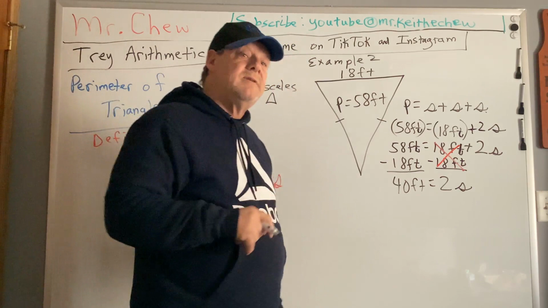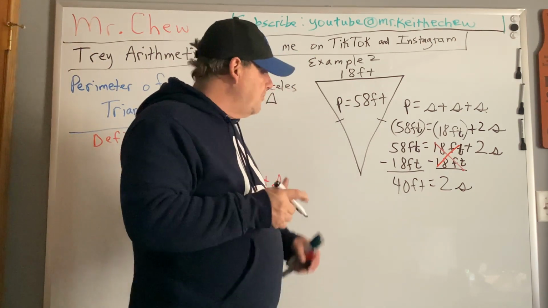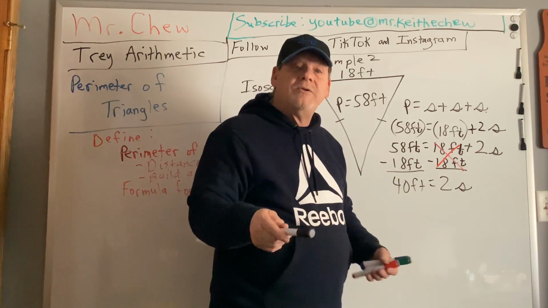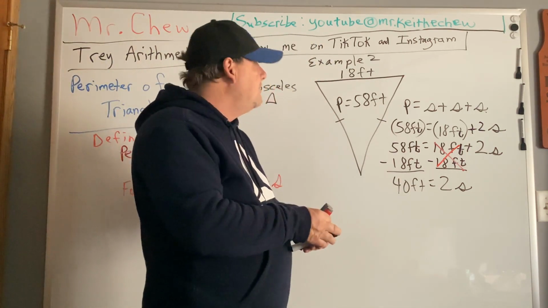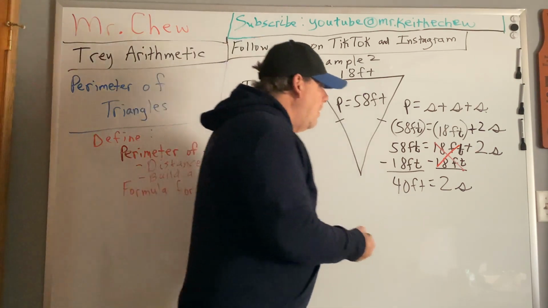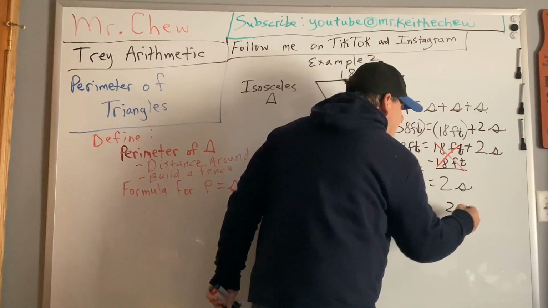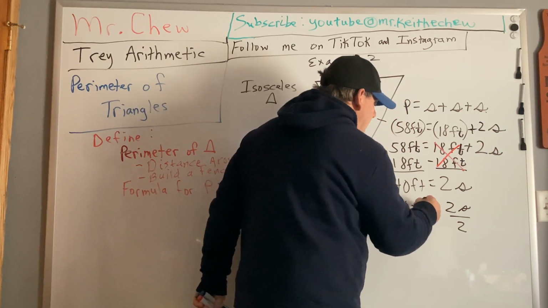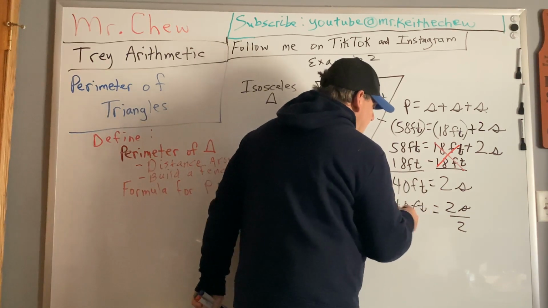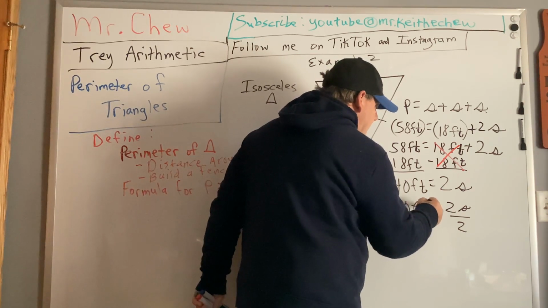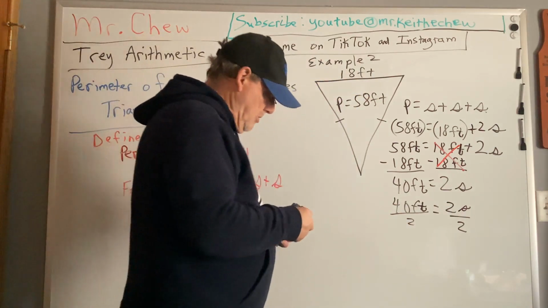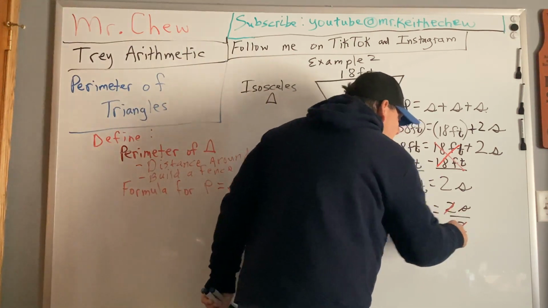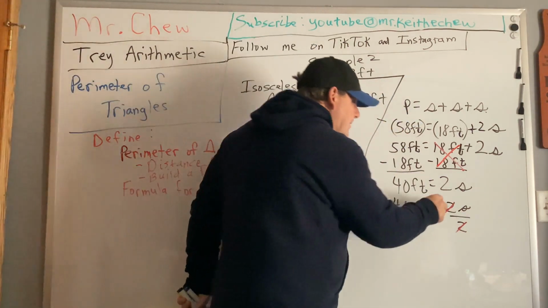I don't want to know what 2s is. I want to know what 1s is. So now I use my last inverse operation. What do you do to get rid of multiplying the s by 2? You do its inverse. That is divide. So I'm going to take on the left and divide by 2. On the right, divide by 2 because I have to do the same thing to the left and the right. Remember what I said I did to my pre-algebra students? I wanted them to show that I had an inverse that crossed out here. This is gone and this is gone.